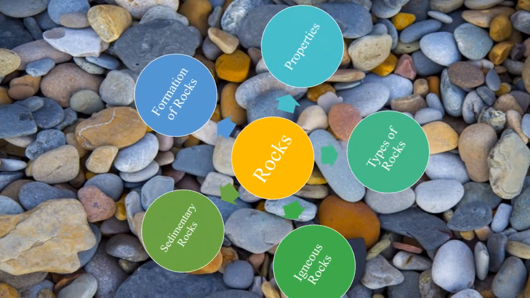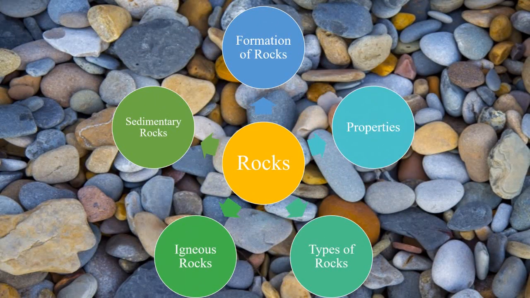Well, students, let's have a quick revision of all the things that we learned in today's video. First, we learned about how rocks are formed. We learned that rocks are formed in the lithosphere. We also looked at the different properties of rocks. We studied that rocks are composed of different minerals or crystals.